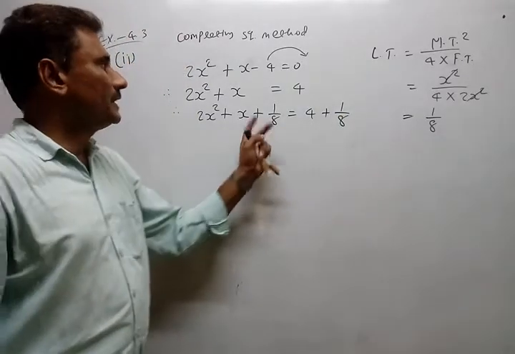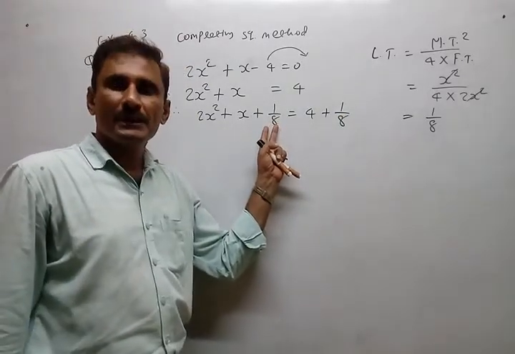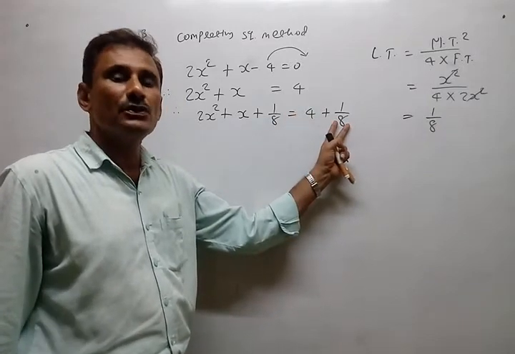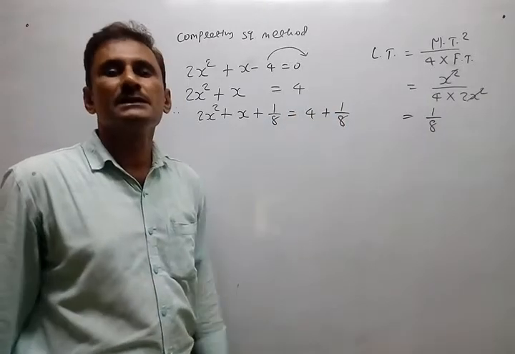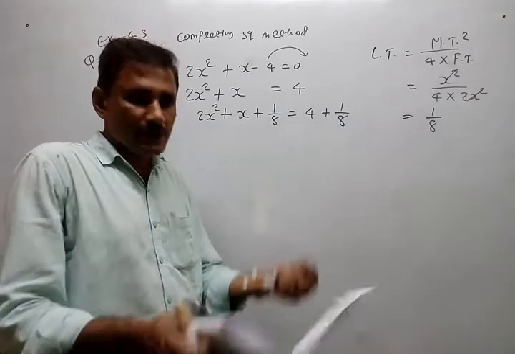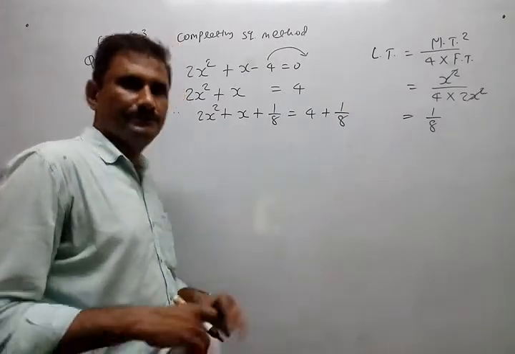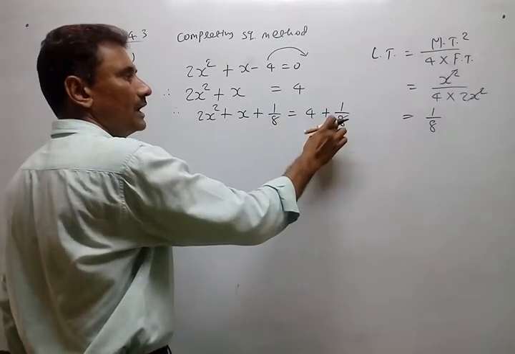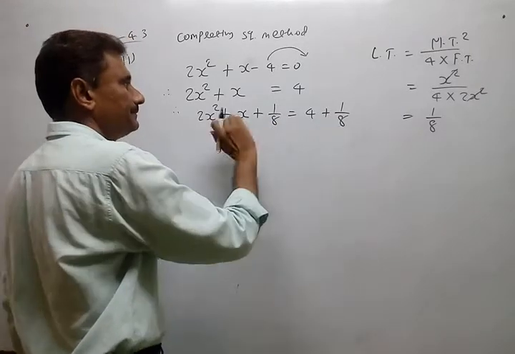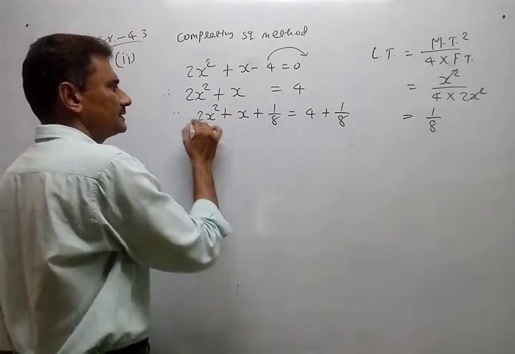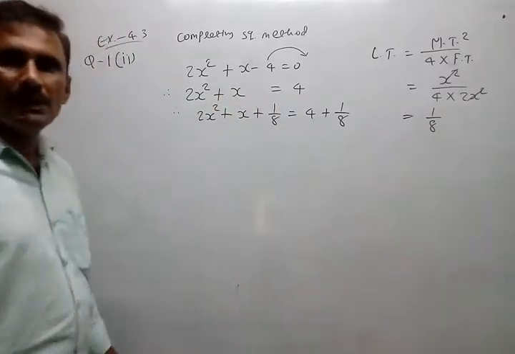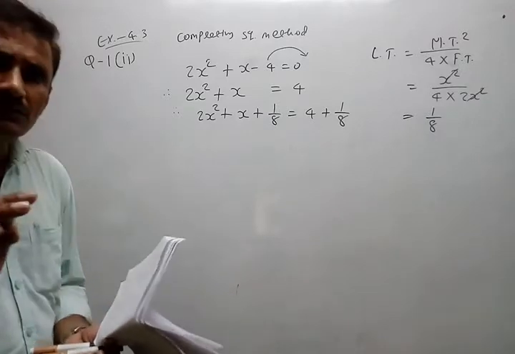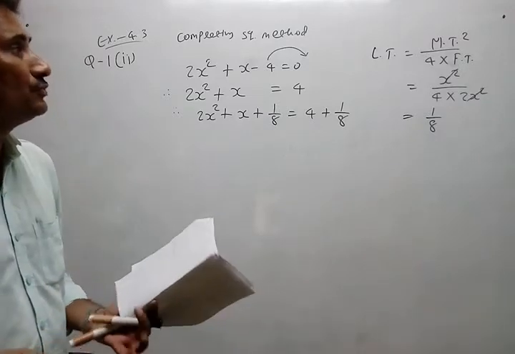And you know, if we add any term at one side, then we are compelled to add the same term at the opposite side also. Otherwise it will be imbalanced. So we need 1 by 8 here, but we have to add it here also. Now this is a perfect square trinomial, but obviously a fraction is there, so our first priority is to remove the fraction.